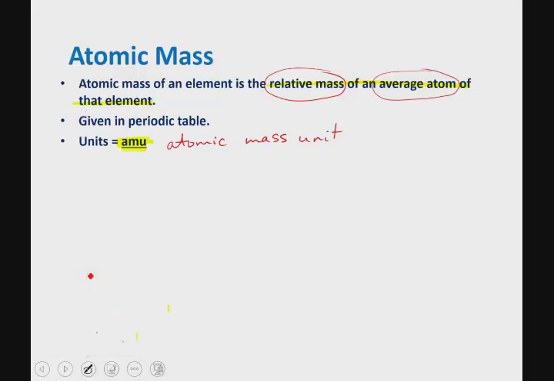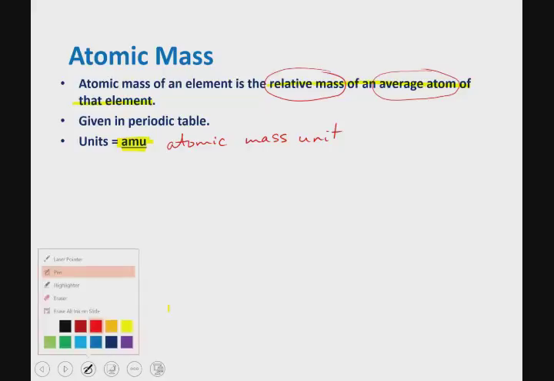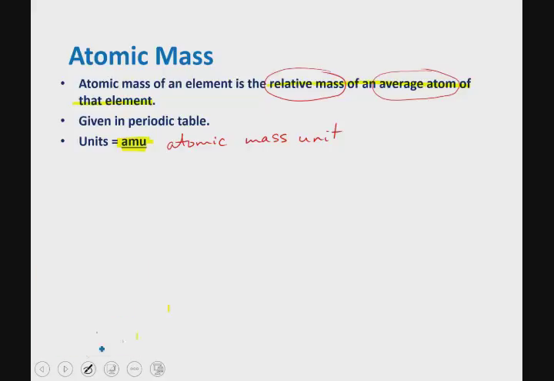For example, if you look at the periodic table, can you tell me what is the atomic mass, the relative atomic mass of an average hydrogen atom? Yes, different periodic tables may give that number in different numbers of decimal places. We will round all our atomic masses to 2 decimal places. So please remember to do that.